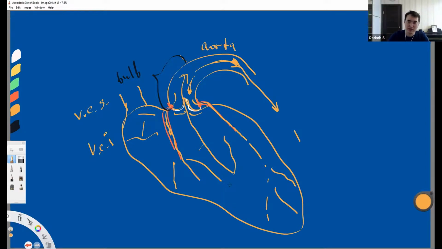So the venous system of the heart flushes the deoxygenated blood to the vena cava. And it gets to the right atrium, then to the right ventricle, and then into the lungs for oxygenation. So this is the coronary cycle.